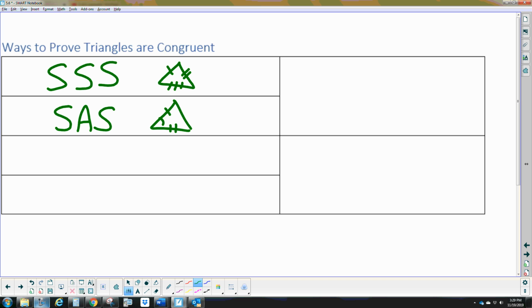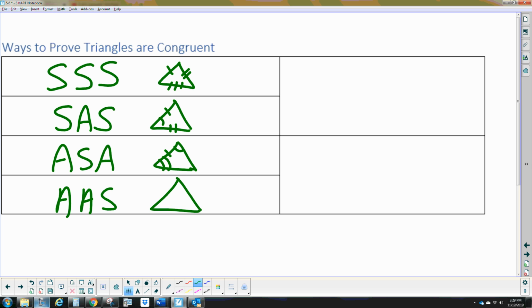And then today we looked at angle, side, angle, where we had an angle, an included side, and another angle. And then lastly, angle, angle, side, where we had an angle, another angle, and a non-included side. Okay, so those are all ways that show congruence. So these all work.